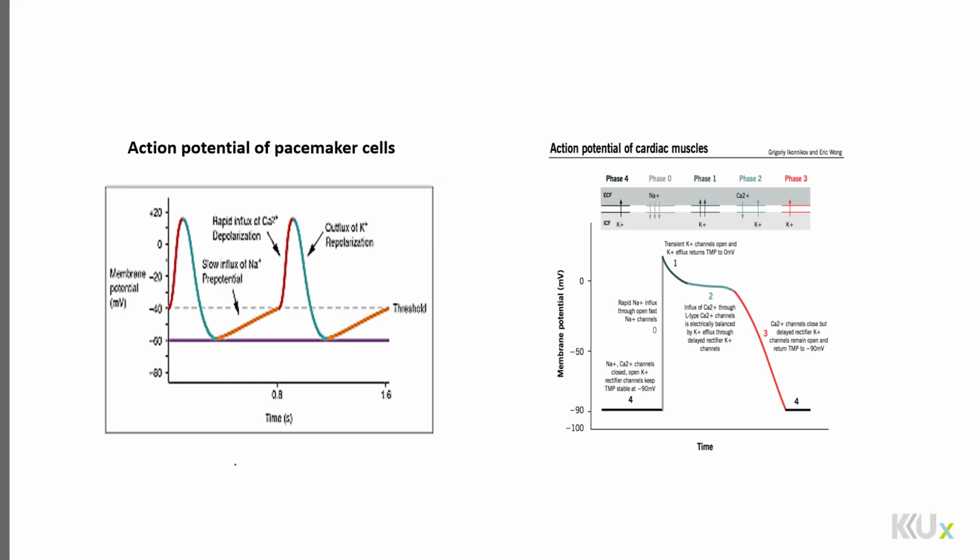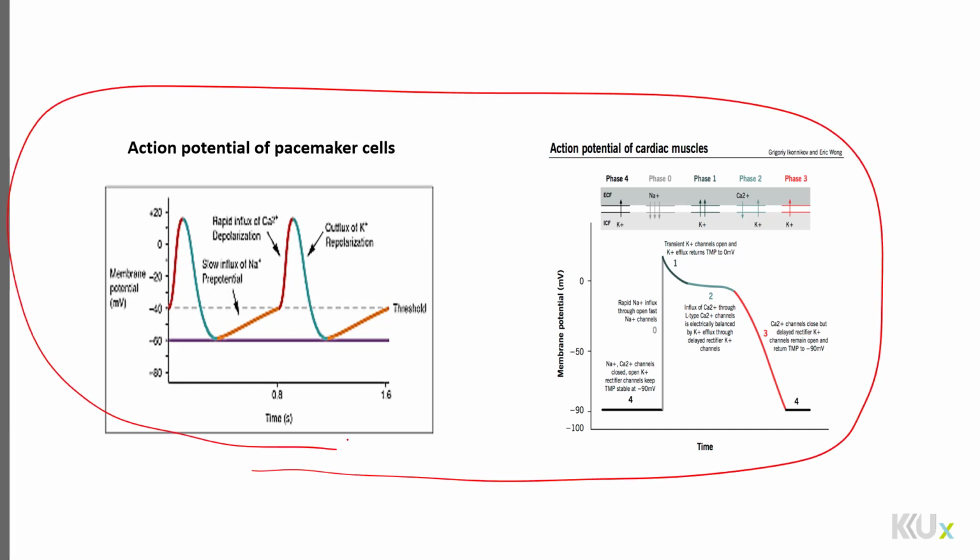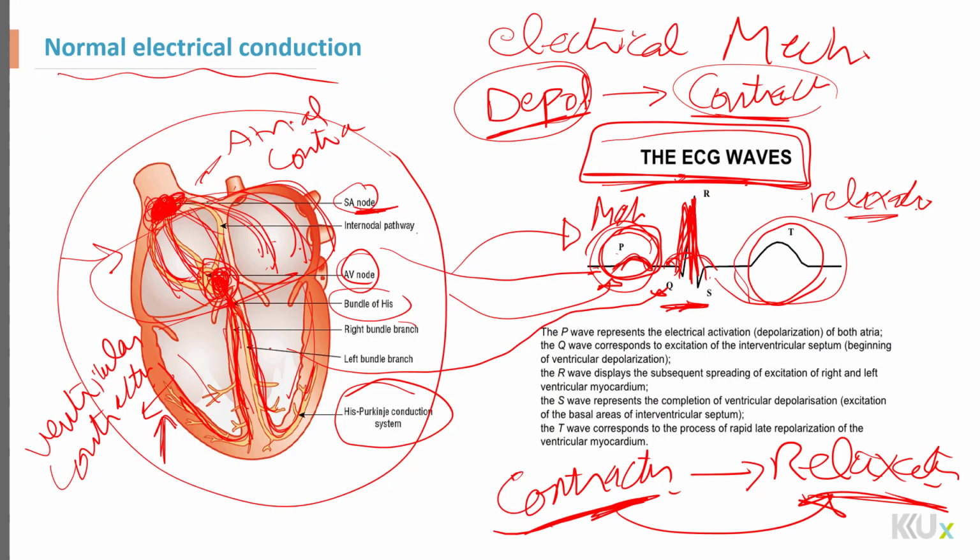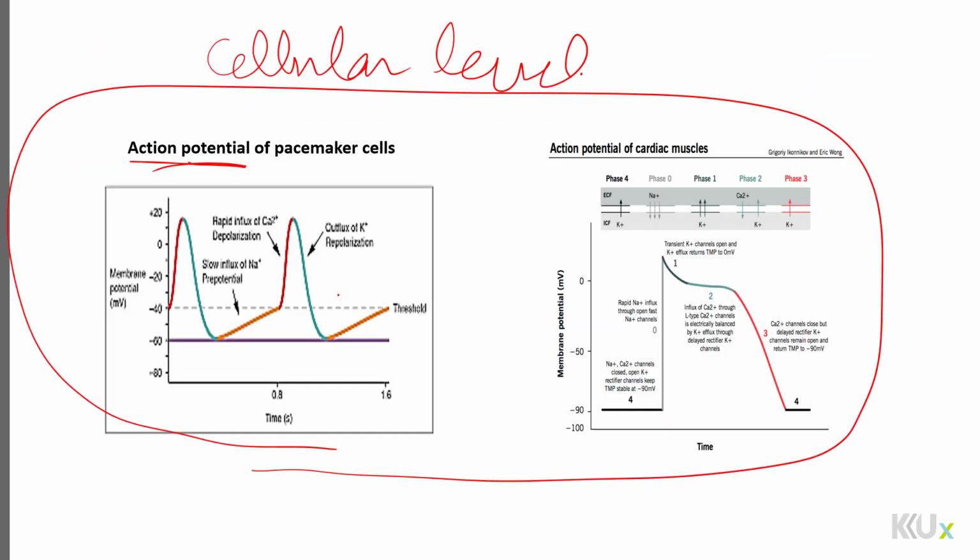So what these two complex figures represent is the action potential, that is the electrical conduction, but at the cellular level. So imagine that we took some cells of the sinoatrial node. The sinoatrial node is the pacemaker, as we mentioned before, this one, and some cells from other cells in the myocardium that conduct electrical activity.